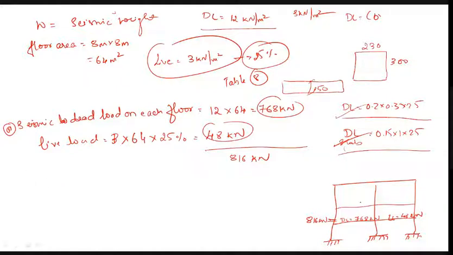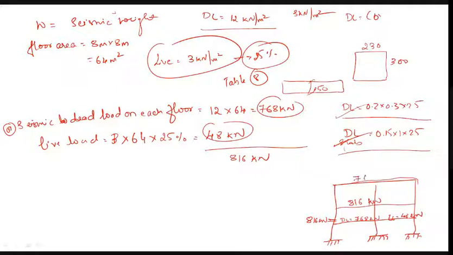And another thing is that, here also we have dead load and live load. Here we will take 816 kilonewton, and according to IS standards, we should not consider the live load on the top floor.